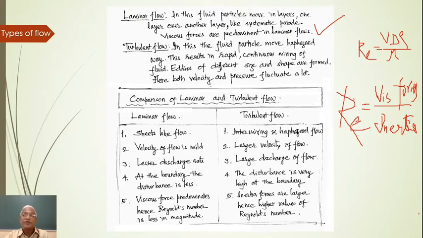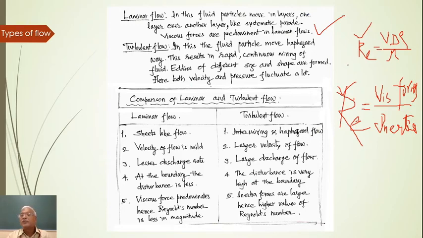Likewise, we are going to define so many other dimensionless numbers. Now if you know this, you will be able to comment on sheet-like flow as far as laminar flow is concerned, intermixing of particles or layers, and haphazard flow as far as turbulent flow is concerned.